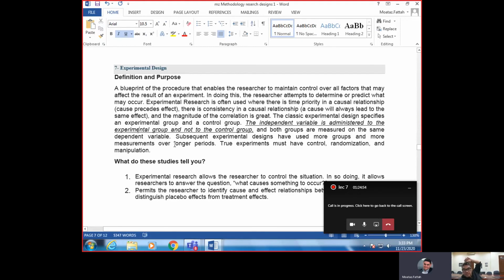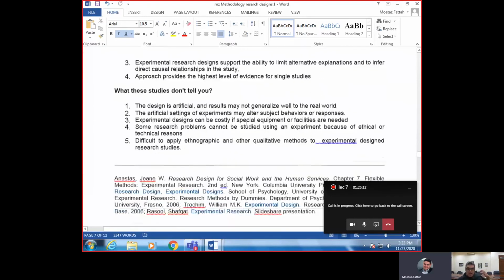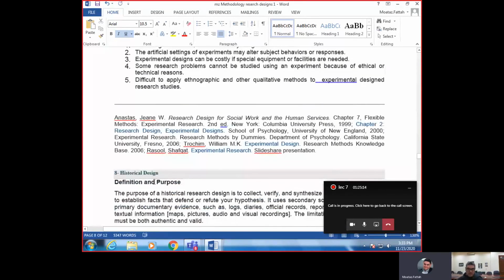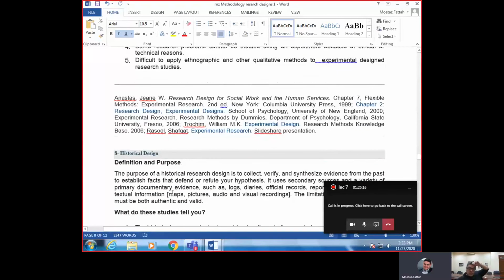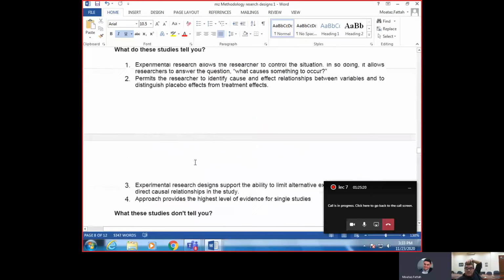Or the other way around: I didn't see any impact. The two groups' attitudes toward President Sisi's approach to politics are the same, with not much difference between the group that was exposed, the experimental group, and the control group. Of course, again, you might not do that in your research at this level, but when you see it in the literature, don't panic.